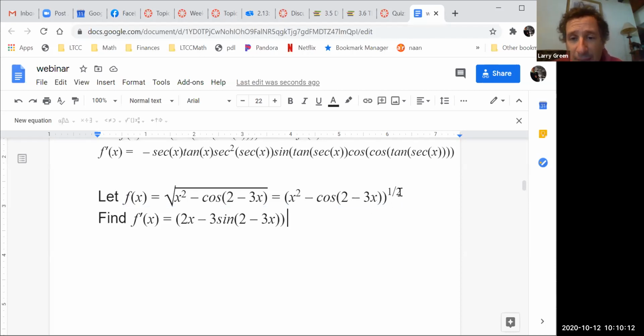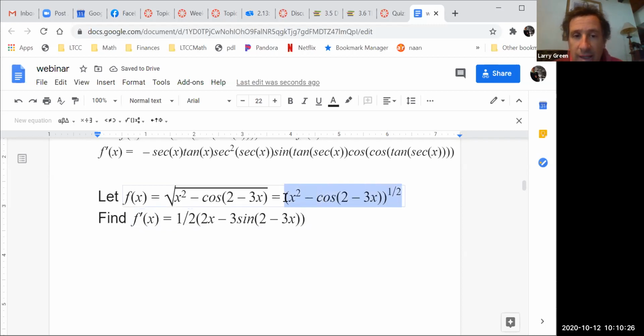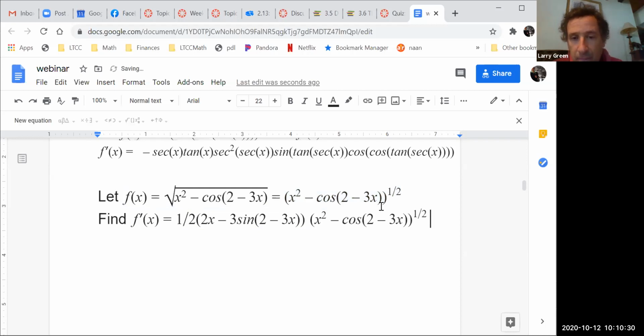Then we multiply by the derivative of the outside. The derivative of 1/2 to something is 1/2 times that something to the -1/2. I could put the 1/2 outside completely. And now I can take this whole thing and say that's to the -1/2. And that's the answer.